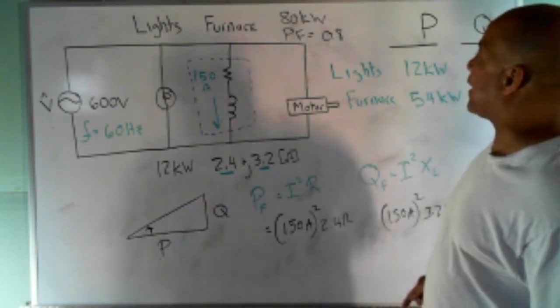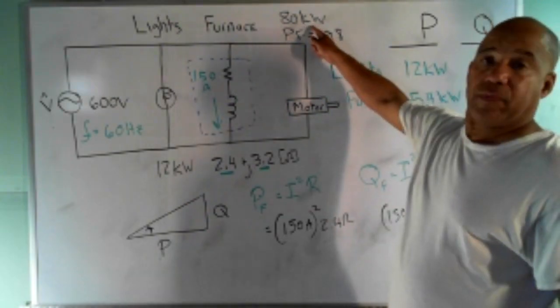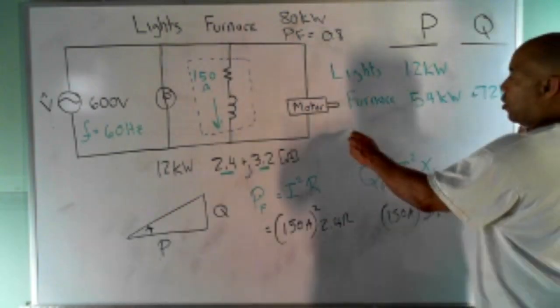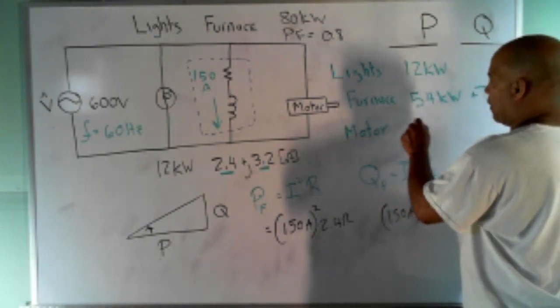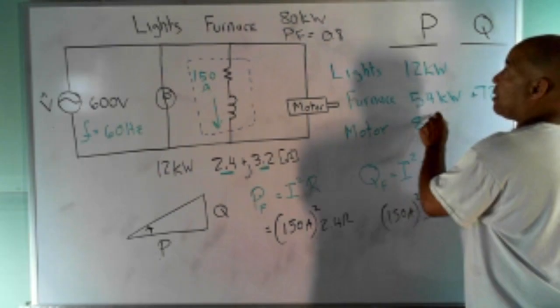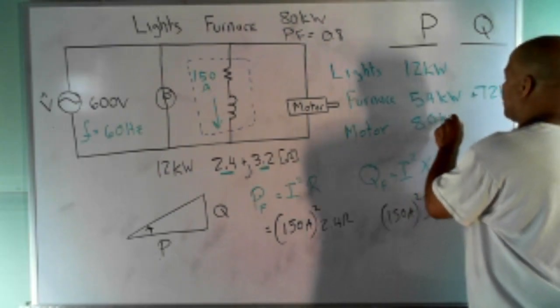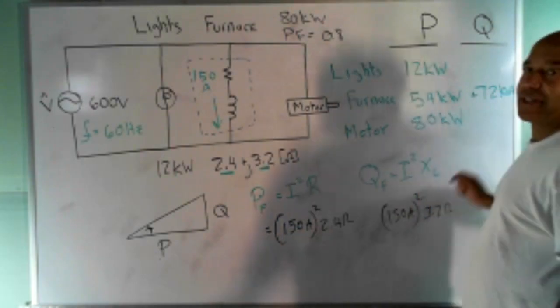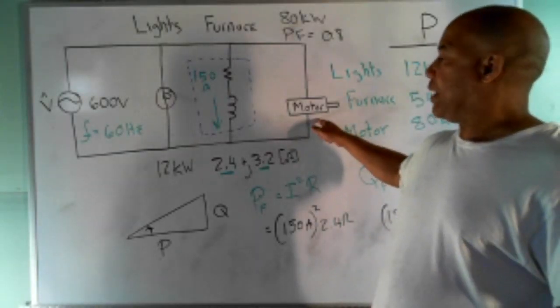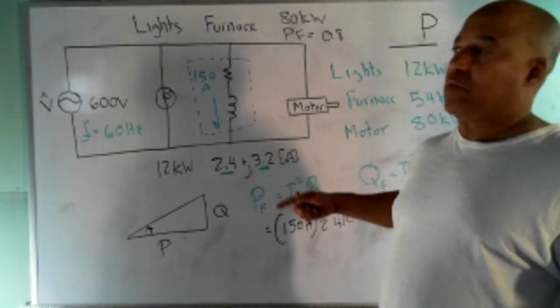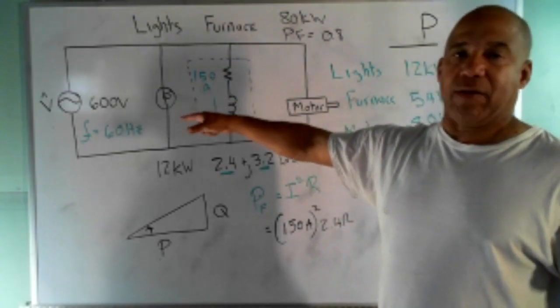Now the motor, they gave us the power for the motor, 80 kilowatts. So we know the power for the motor is 80 kilowatts. But we actually have a problem with the motor. Inside the motor is a coil, and the coil to that generator is an inductor.